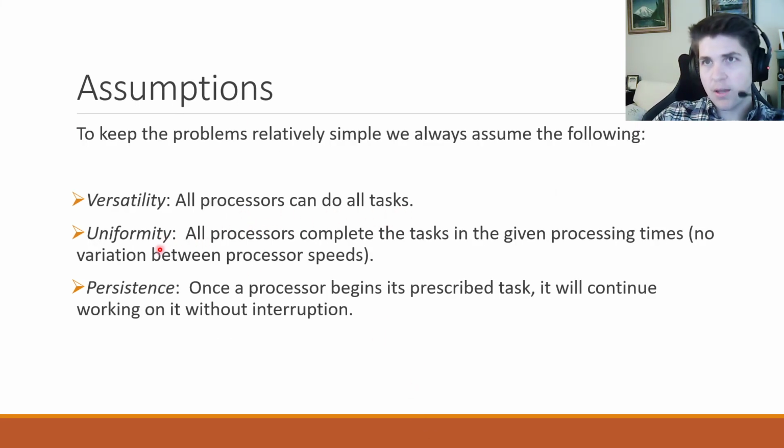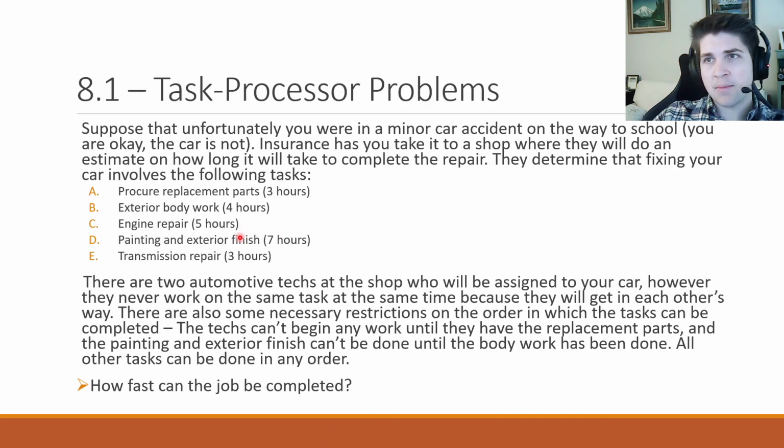They're all going to be capable, and they are also going to do it in the same amount of time. The uniformity assumption is that they're all going to complete tasks in the same processing times. In the same light, say employee 1 and employee 2 can both fix a transmission, but one is better at it than the other. For one person it might take 3 hours, for the other it might take 7. But we're going to assume it takes them the same amount of time regardless.